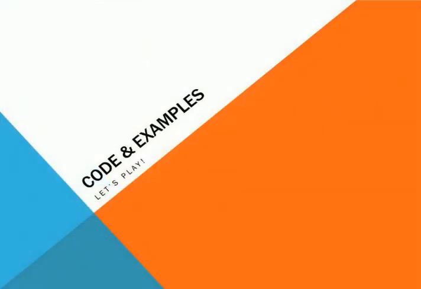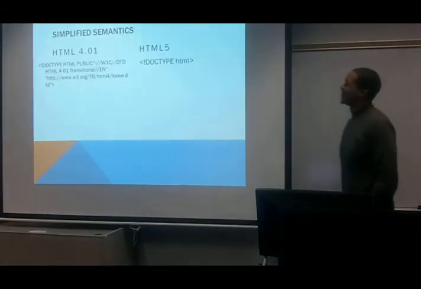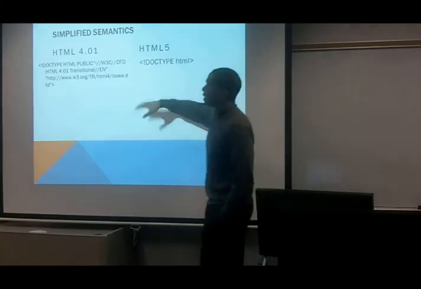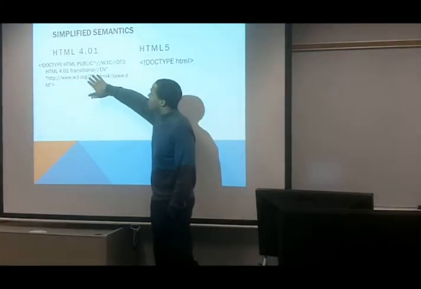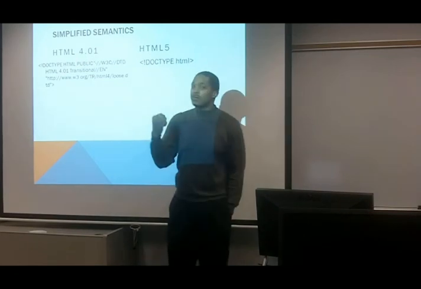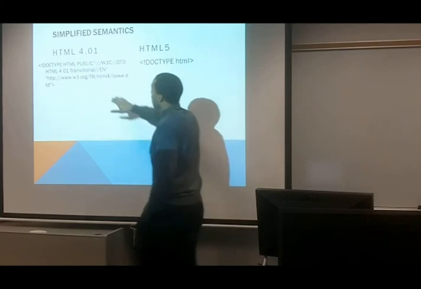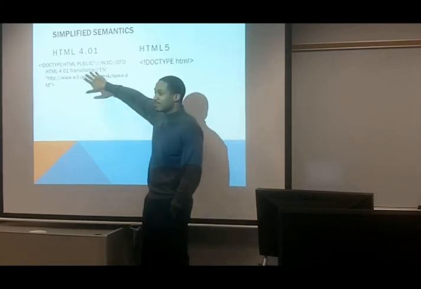Let's check out a few things. Let's see what it actually looks like. Here's an example. For those that have done some HTML, you know, and this is what I was mentioning, Randy, you have to specify what type of HTML you're writing your page in. And you used to have to put in something like this with all this extra.